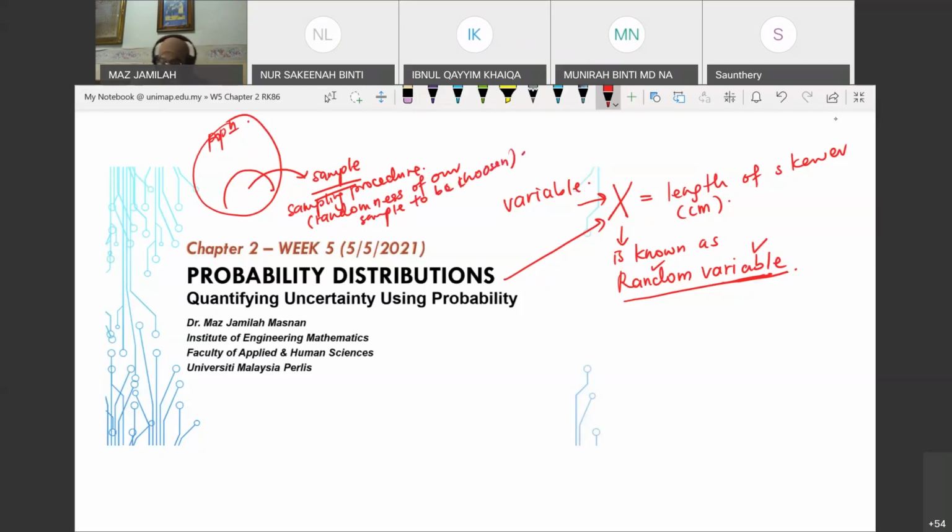That's what we call random. It means that the way we choose our x is the same as if, let's say, we have 1000 skewers, the way we choose one skewer is 1 over 1000. The probability of choosing one skewer is almost the same across all 1000 skewers.